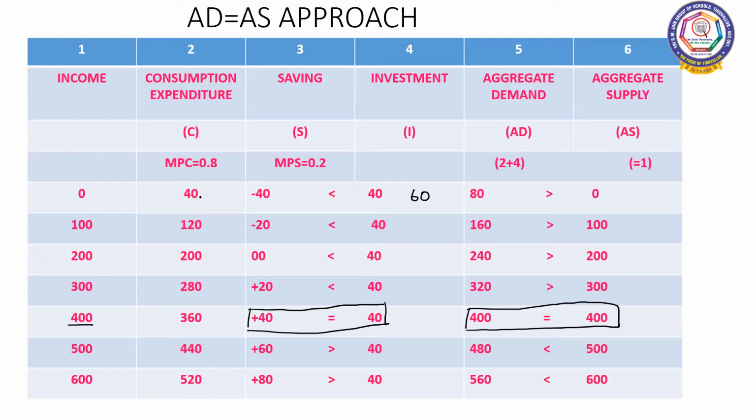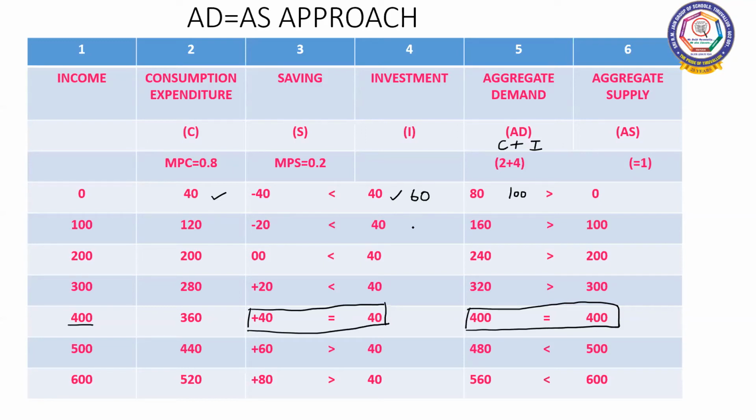So in the first level of income, when there is zero income, aggregate demand is 80 because aggregate demand is C plus I, consumption plus investment. So 40 plus 40 is 80. But now when I've shown you that the investment is 60, it means it is 40 plus 60. So it comes to 100. And the next one, 120 plus 40 is 160.